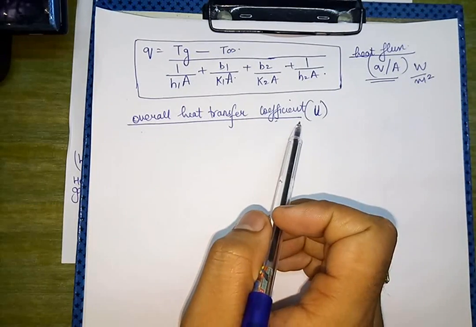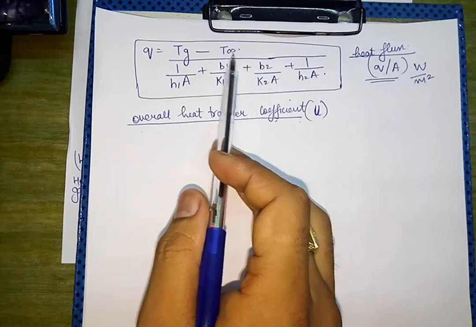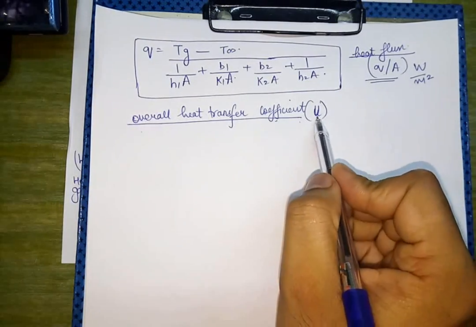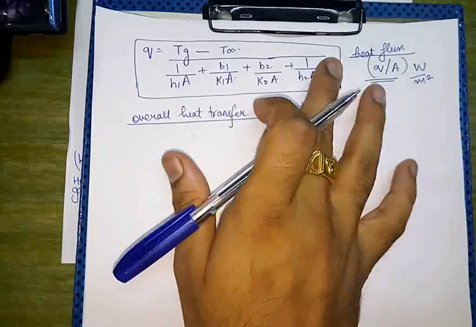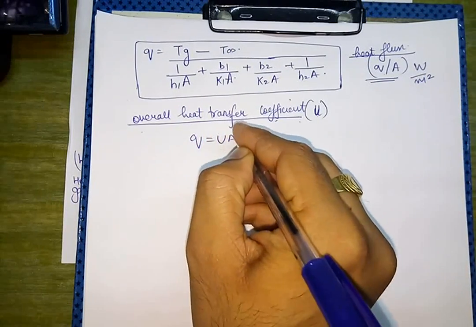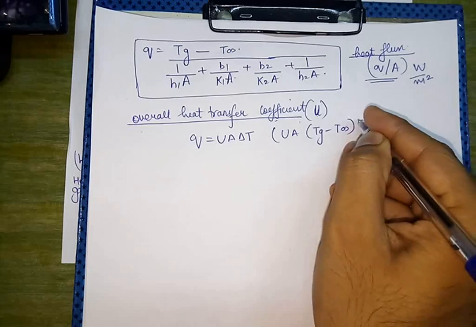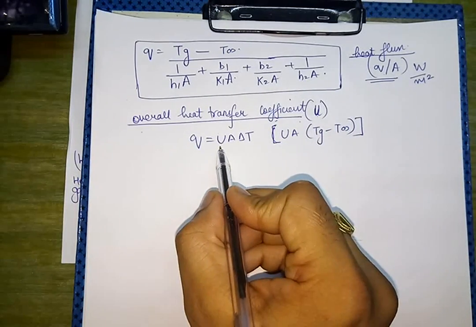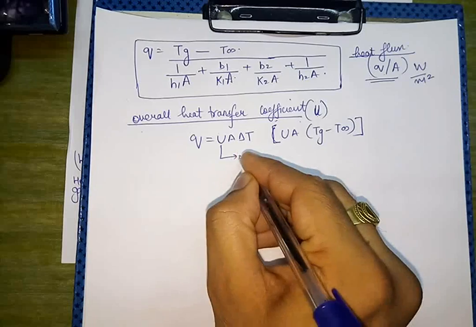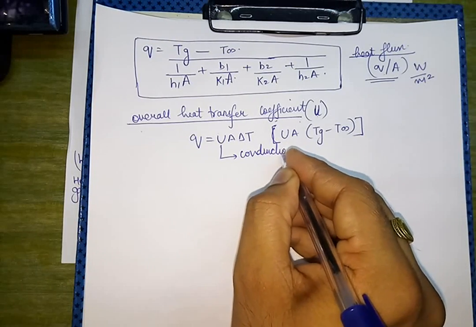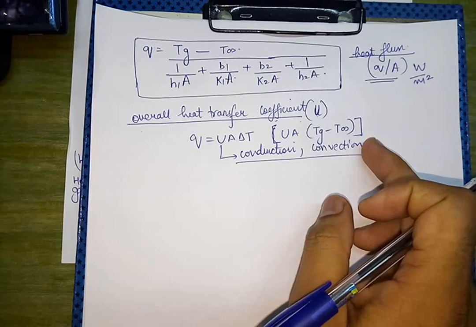The overall heat transfer coefficient includes all the resistances encountered in any problem, and it is represented by the symbol capital U. So instead of writing Q equals the entire formula, we will simply write Q equals UA delta T, or UA (Tg minus T infinity), where U takes into account all the modes of heat transfer, that is, both conduction and convection.